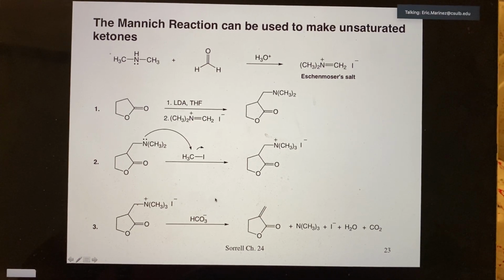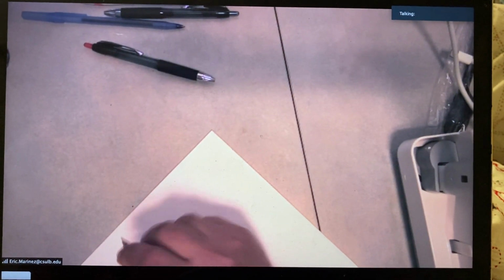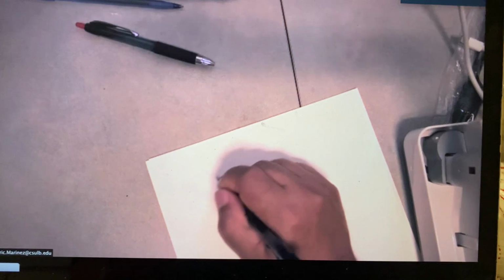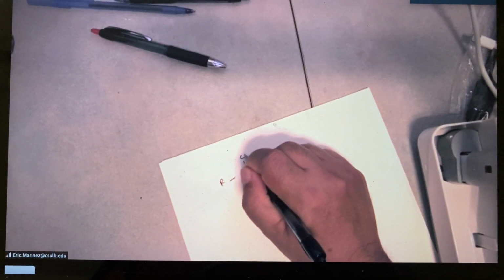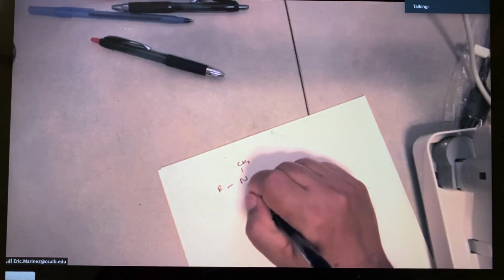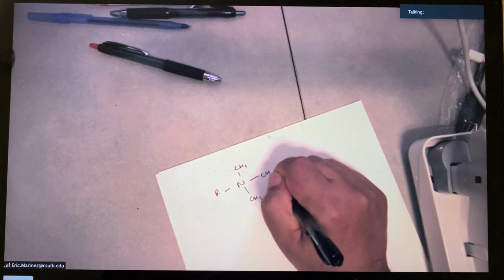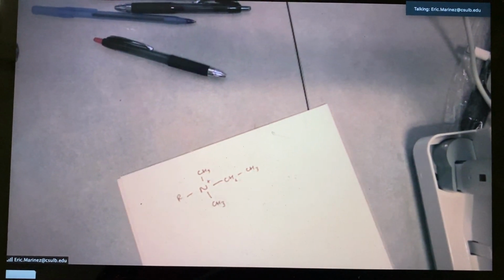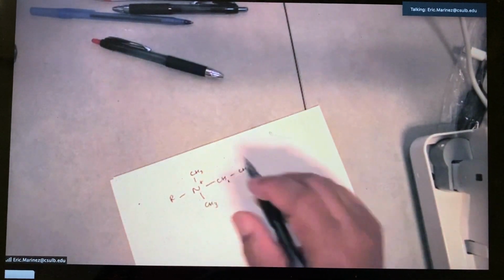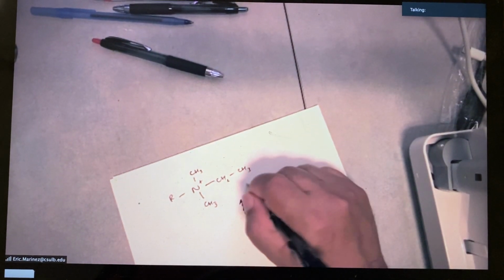Okay, so I'll try to show that. Let me see. What I'm saying here is that now that you understand this is a leaving group because it's nitrogen, in principle, let me do it this way.